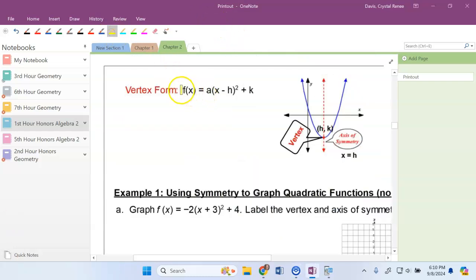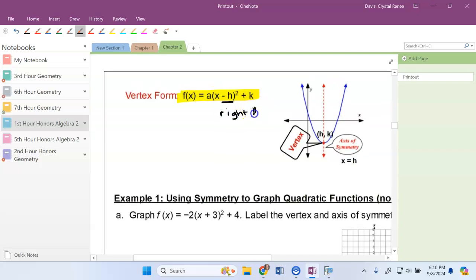All right, so this is kind of the big idea for this lesson, and we're going to talk about vertex form. So remember, if we're talking about transformations, this minus h tells me we're moving right h, and this tells me I'm moving up k. And we're talking about quadratics.